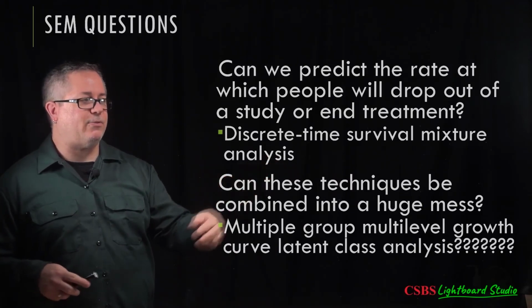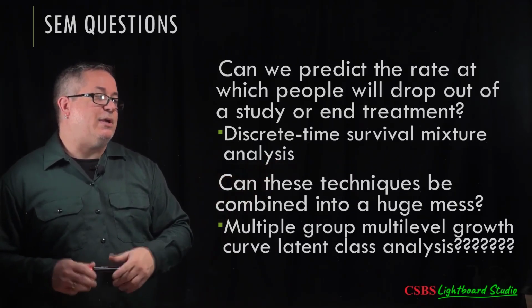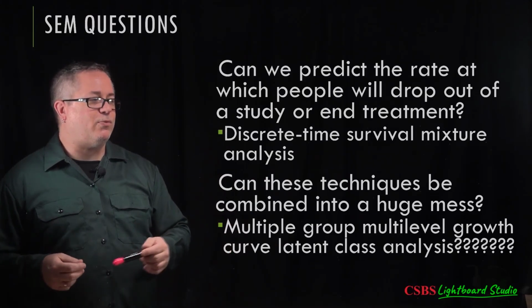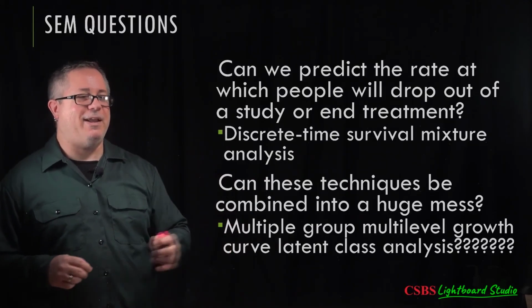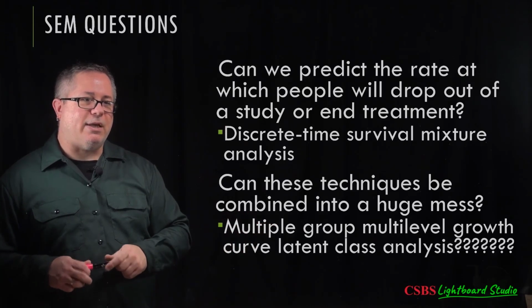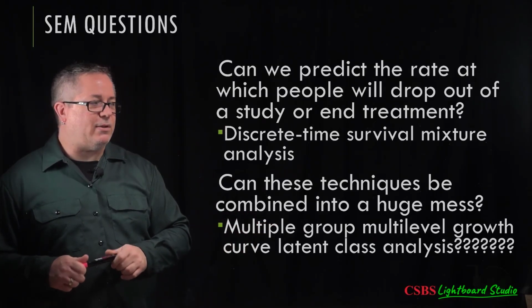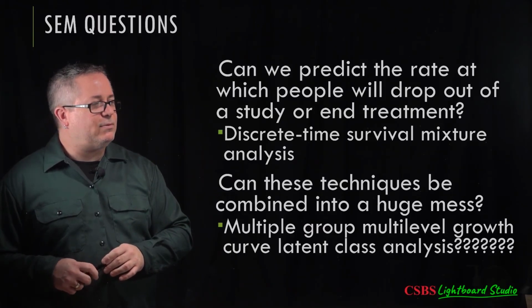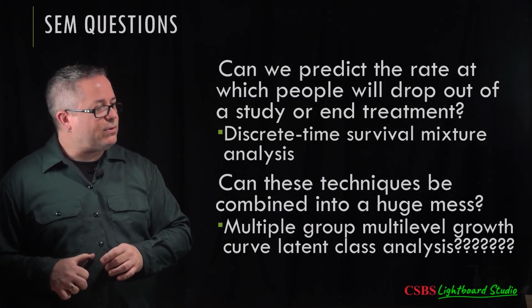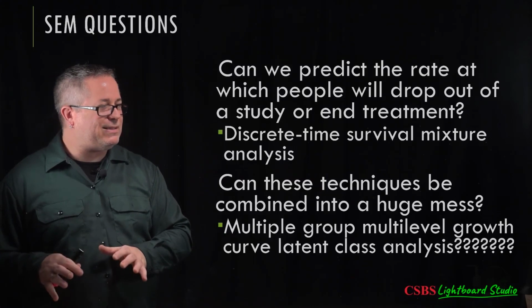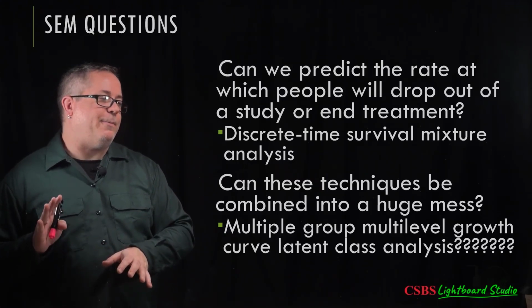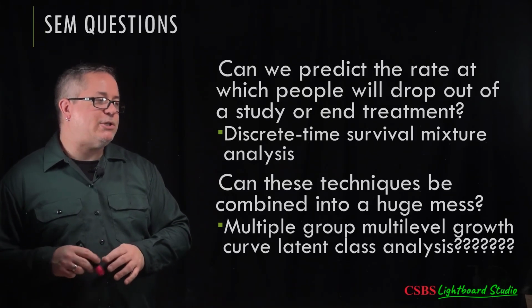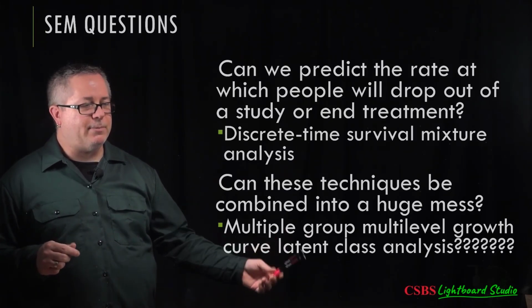So with discrete time survival mixture analysis, you can combine these techniques together and do a multiple group, multi-level growth curve latent class analysis. I don't recommend it, but you can. It would be a very complicated thing to try and do. It would really be a multi-group, multi-level growth mixture model. Whatever.